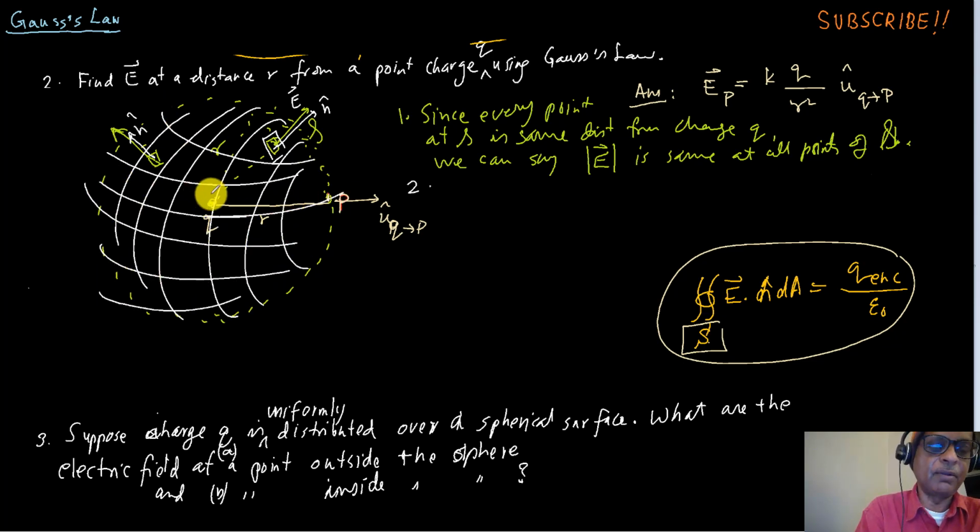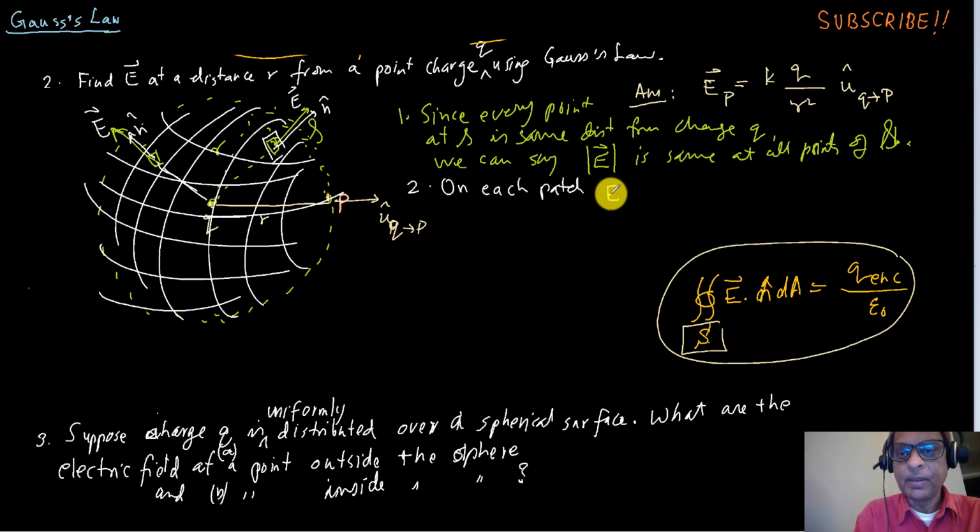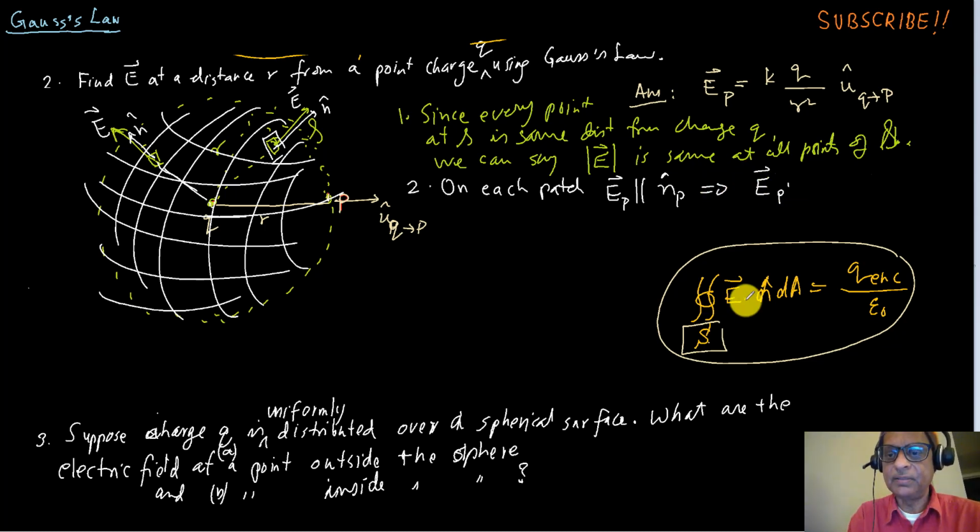And the electric field on each patch is parallel to n hat. That would mean this dot product, for the patch, right?